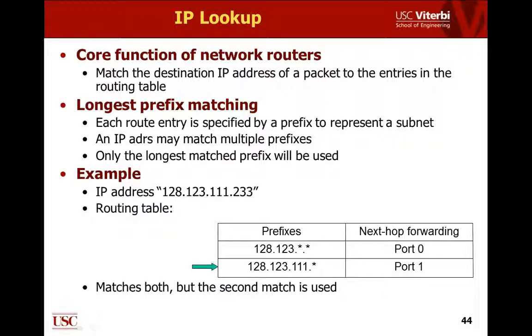Given an input prefix that comes to you, a destination port address, you match it in this column. Among all possible prefix matches you find, you take the one that has the longest match. In this case, if the routing table consisted of 2 entries, this is going to be the longest prefix match. Therefore, the incoming packet is going to be routed to port number 1.